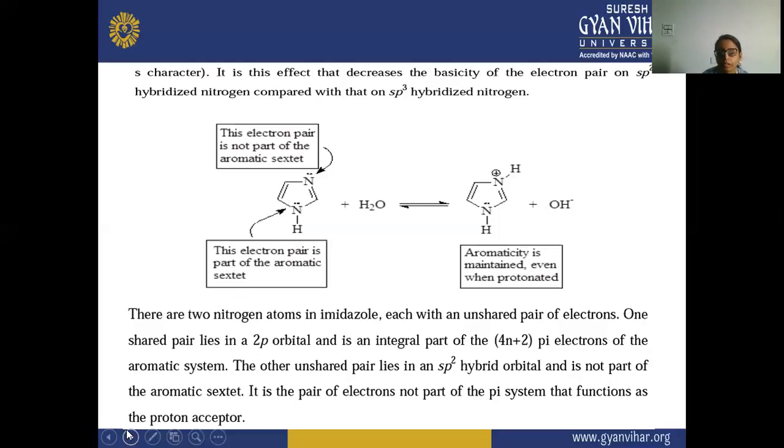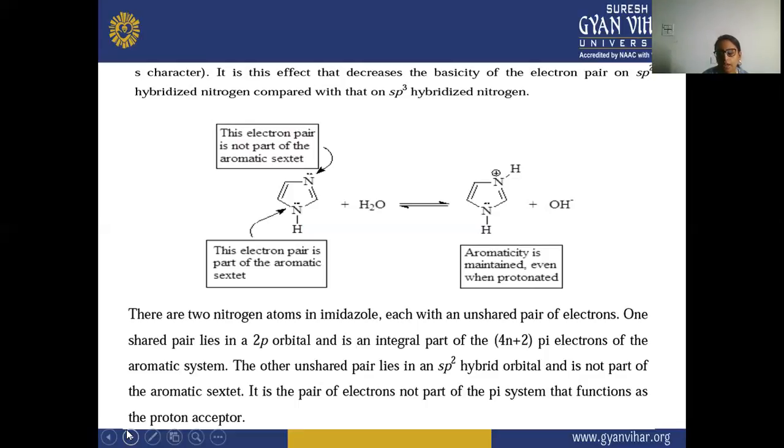Here you can see that one nitrogen's electron pair participates as part of the aromatic sextet, but the other nitrogen is not part of this aromatic sextet, and when it dissolves in water a product forms. In imidazole the aromaticity is maintained even when protonated, meaning that if a proton is added to the nitrogen atom, the aromaticity is maintained. There are two nitrogen atoms.